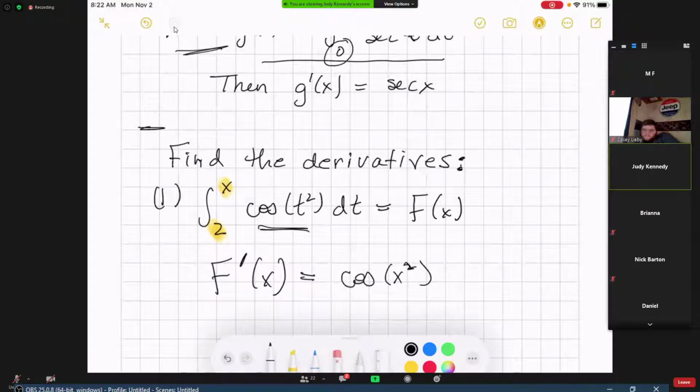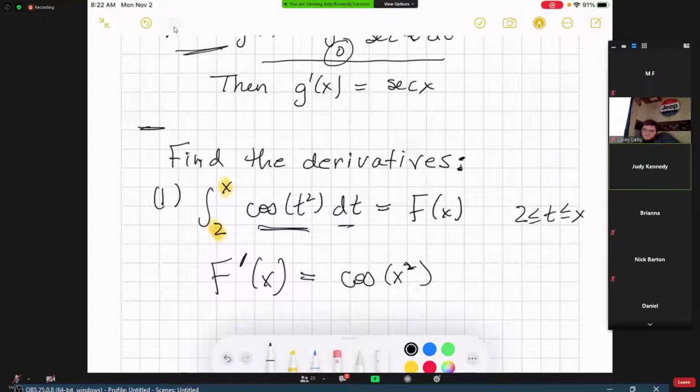And remember, in this definite integral, the t represents a number between 2 and x.